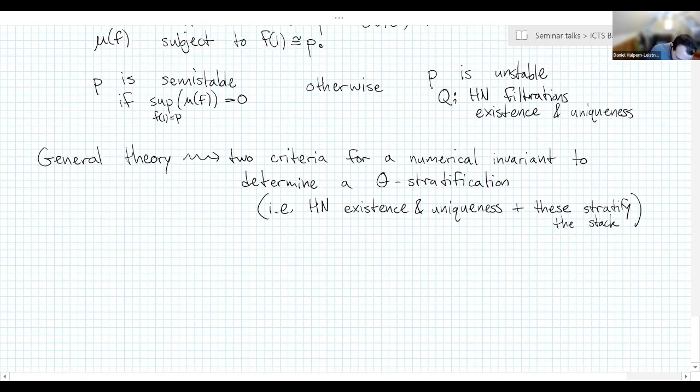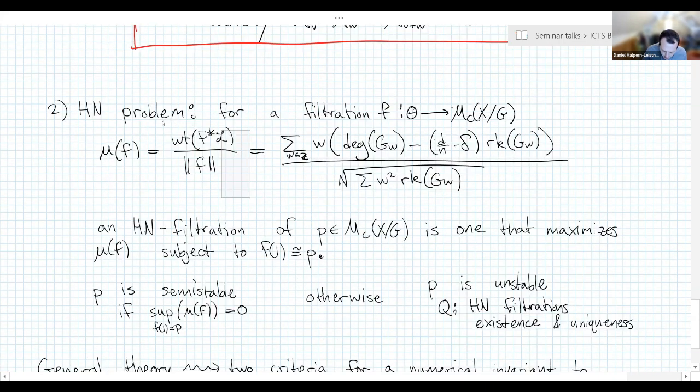So basically there are general criteria, but the theorem that I'm presenting here, this is the one with Hernandez Herrero, is that the sort of numerical invariant, of which I've just shown you an example, but the general formula, there's on this MC of X mod G, there's a class of line bundles that you can consider, and you can define a numerical invariant in this way.